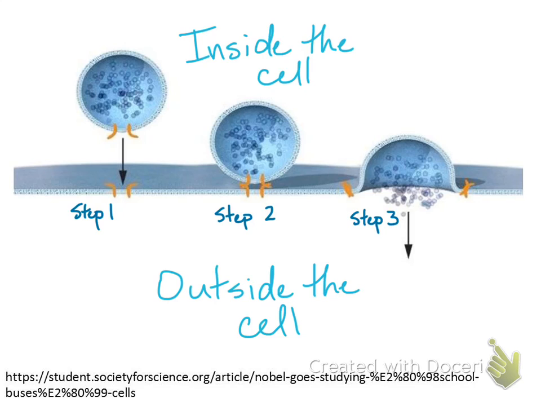The gentleman involved with finding these docking proteins involved in this process won the Nobel Prize in 2013. I believe it was for physiology and medicine. So cell biologists looking at vesicle movement are winning Nobel Prizes, which I just love.